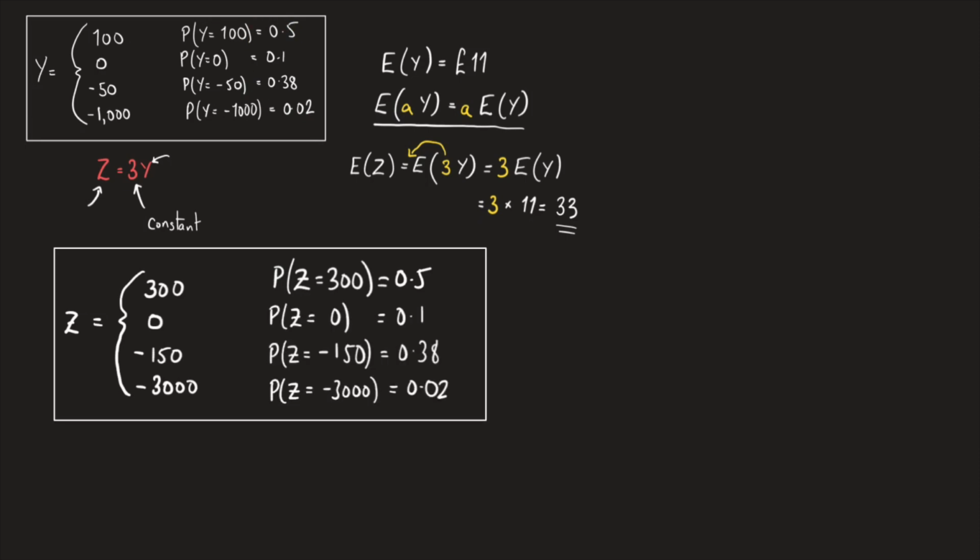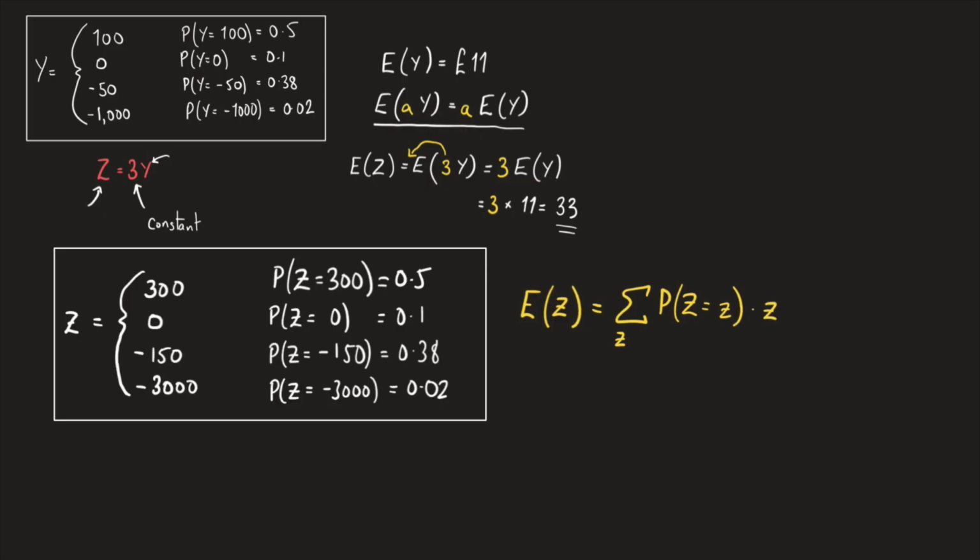Now, just as we did for y, we can calculate the expectation, or the population average, of z by finding the sum of the products of the probabilities multiplied by the relevant outcomes.